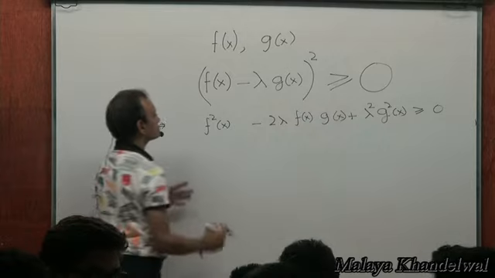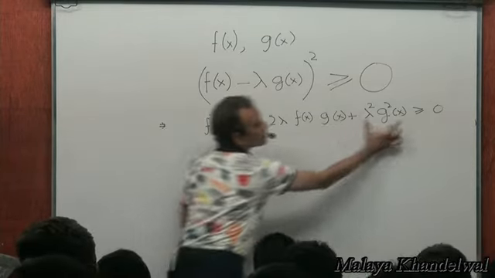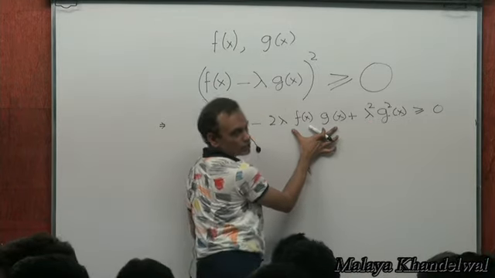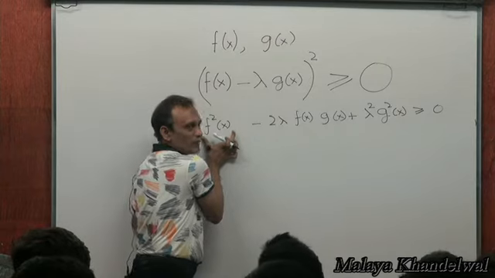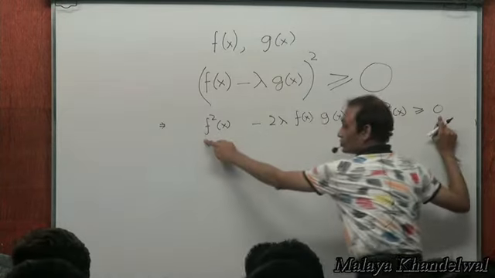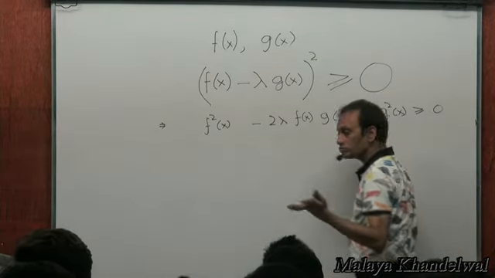Now let me take the integral from a to b of the entire thing. So the integral of this from a to b, minus the integral of this from a to b, plus the integral of this from a to b will be greater than or equal to 0, because if this function is greater than or equal to 0, its integral from a to b will be greater than or equal to 0, right?